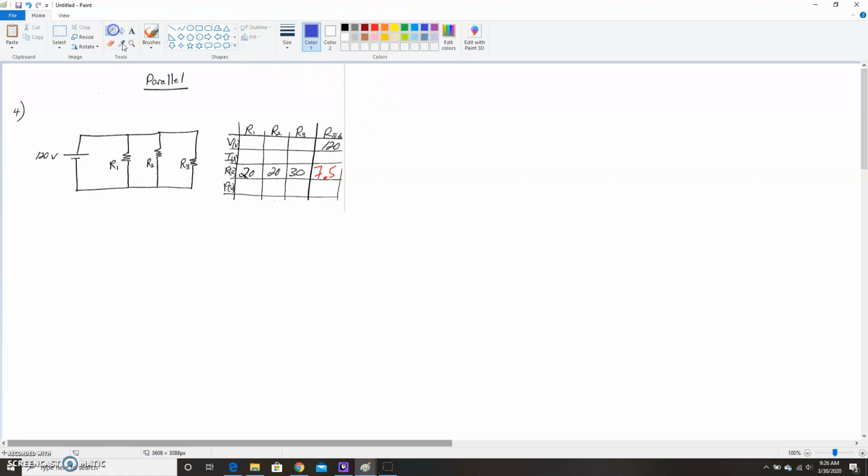Now I'm going to move on to P equals IV. For this particular column, since I have 2 items in the column, I can finish off that column. So I'm going to use V equals IR and P equals IV. We got 120 equals I times 7.5.